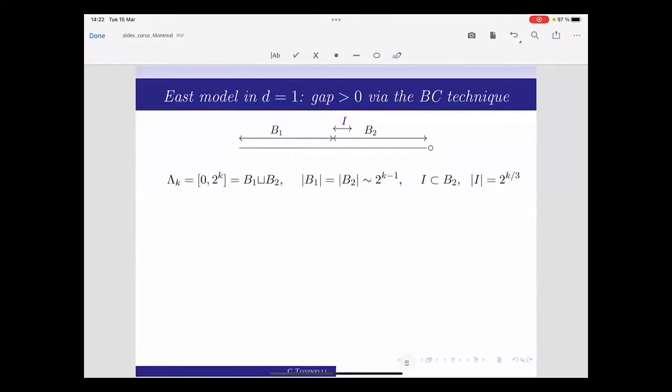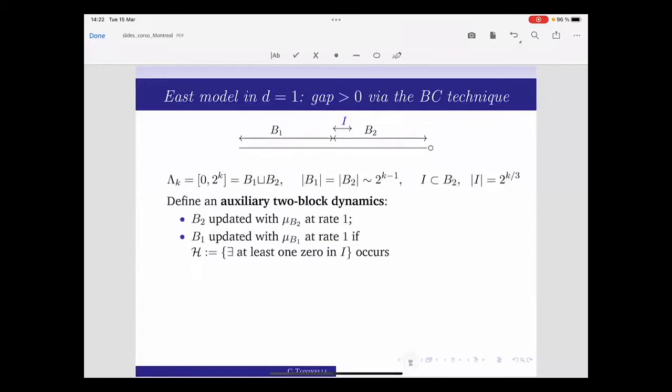And I consider a small region inside the volume on the right, which is of scale 2 to the k divided by 3, so much smaller than the scale 2 to the k when I consider scales k that increase.